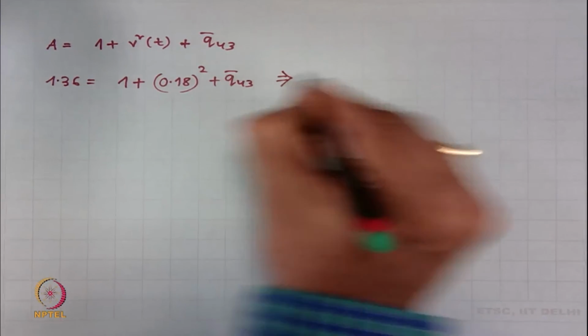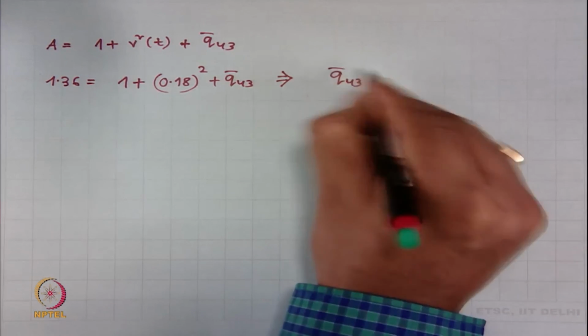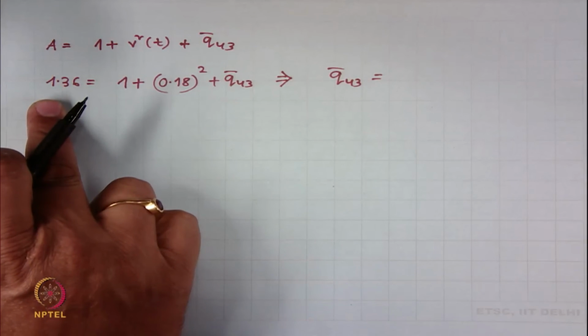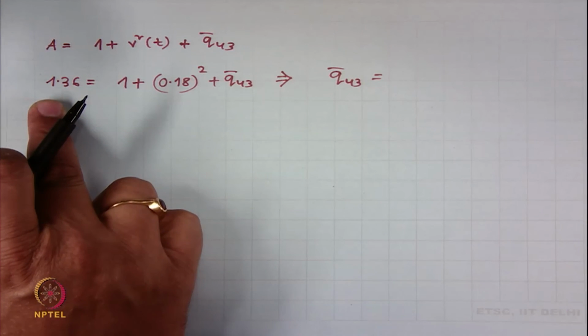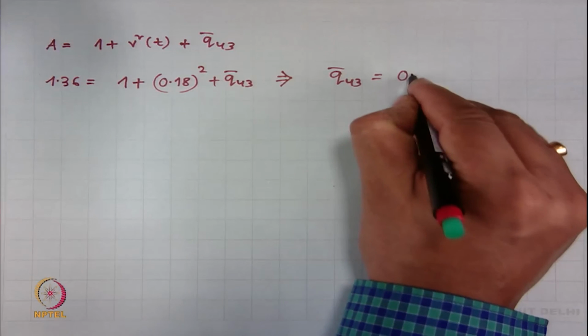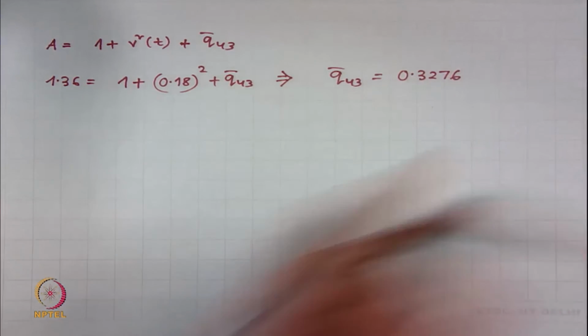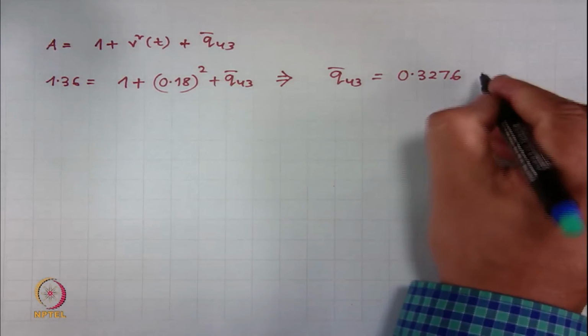This will lead to Q43 is equal to 1.36 minus this and this. So, 0.3276. So, we get another fourth reading.